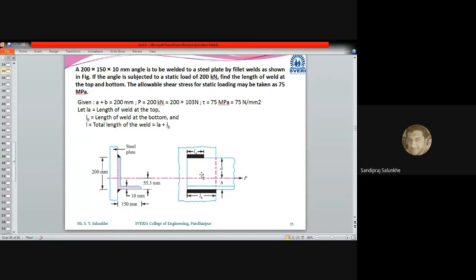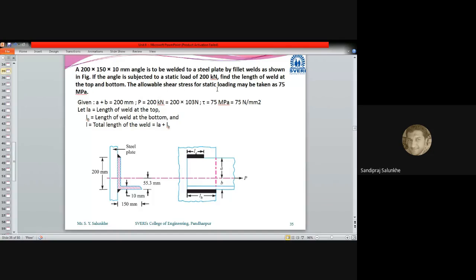Here it has been shown. If the angle is subjected to static load of 200 kilonewton, this is loaded as a 200 kilonewton. Find the length of weld at the top and at the bottom. That means we have to calculate LA and LB.